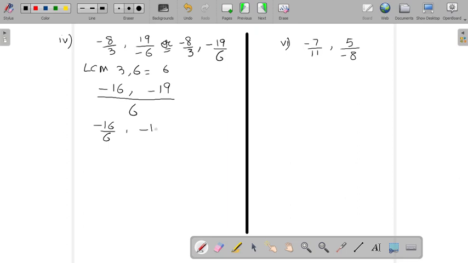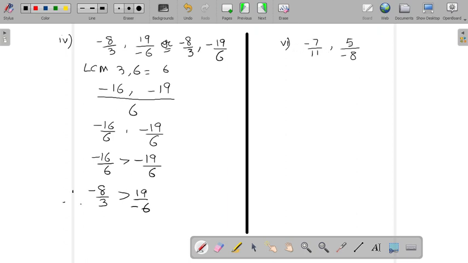Write them separately. Now which one is greater? Minus 16 is greater. So minus 16 upon 6 is more than minus 19 by 6, and this is the solution of the first one. So minus 8 by 3 is greater than 19 upon minus 6.